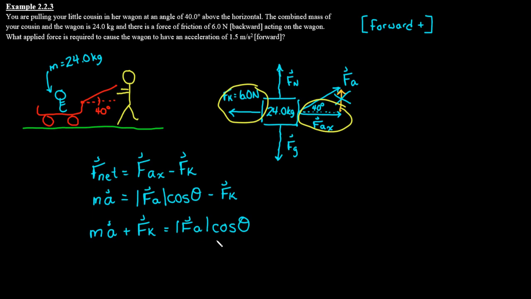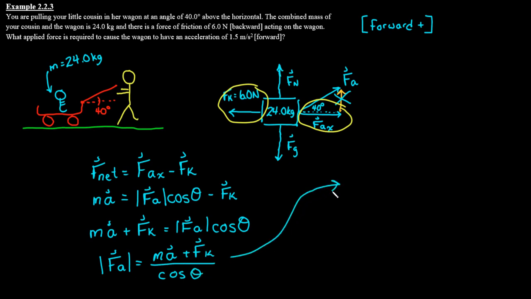So we're going to divide out cos theta. That means the magnitude of our applied force is going to be equal to the combined mass times the acceleration plus that force of friction, divided by the cos of the angle that we are pulling at. Now that we've rearranged, we can simply plug in our values and solve.